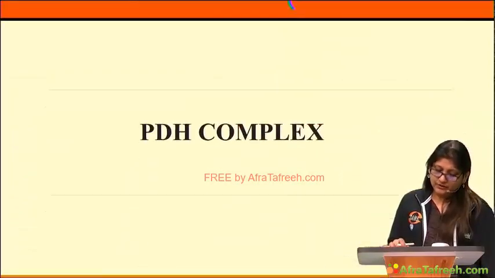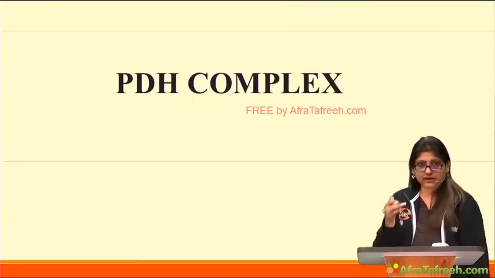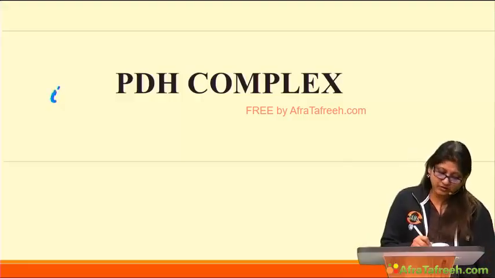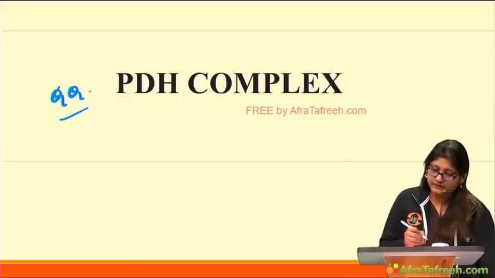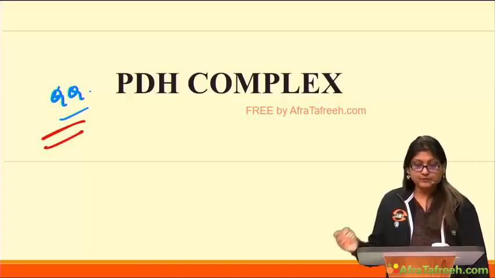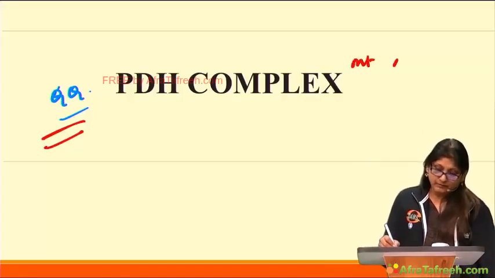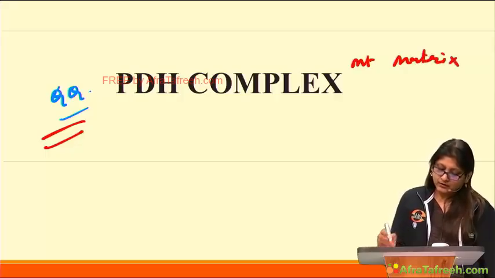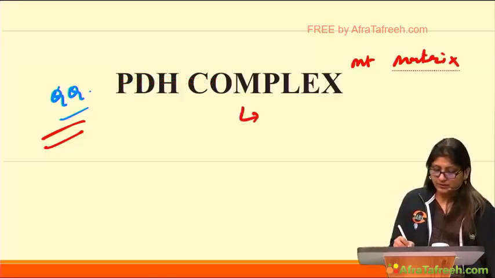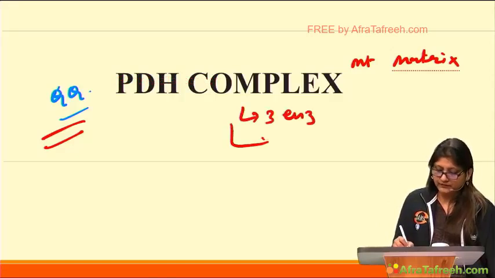Very good. Now coming to the next important aspect in carbohydrate metabolism, which is a favorite of your examiner nowadays. Every year they are asking you certain questions on the PDH complex. The PDH complex is a mitochondrial matrix complex made up of 3 enzymes and 5 coenzymes. You must know their names.